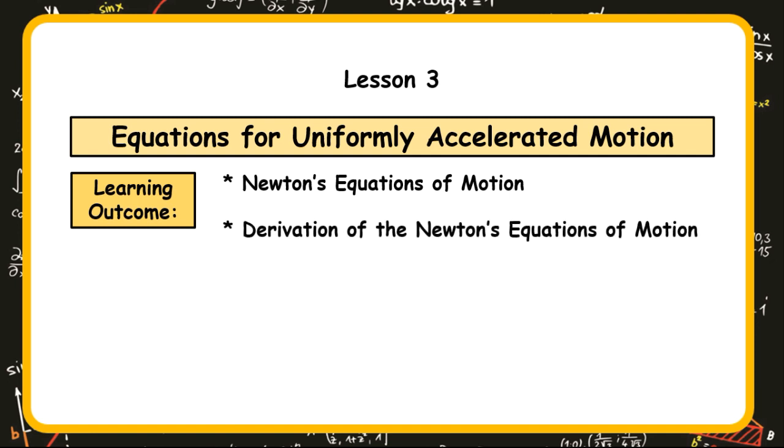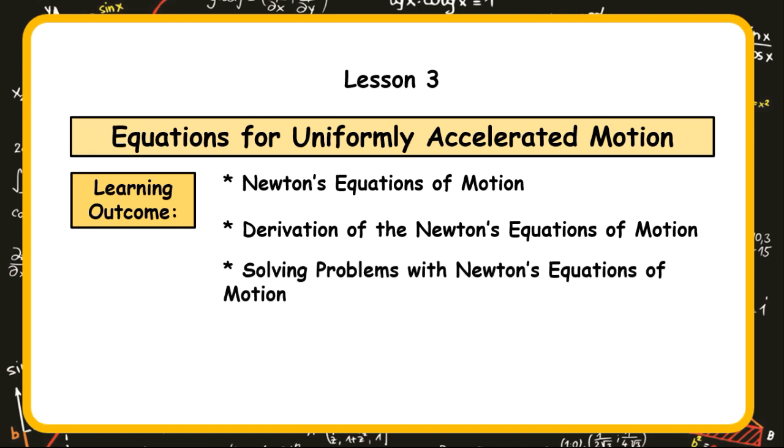Again, we'll look at derivation of the Newton's equations of motion, and learners should be able to do so as well after the lesson. Lastly, using the Newton's equations of motion, we will solve some relevant problems. So this will be the learning outcome for today's lesson.